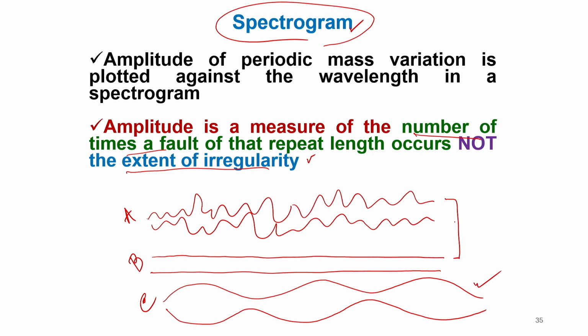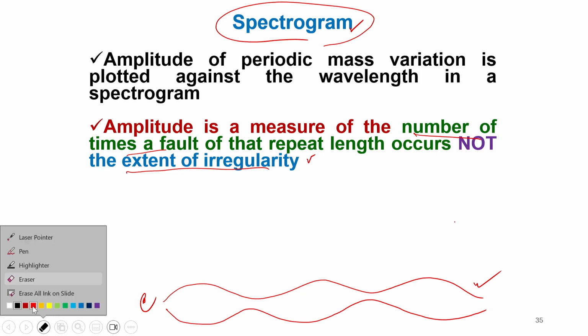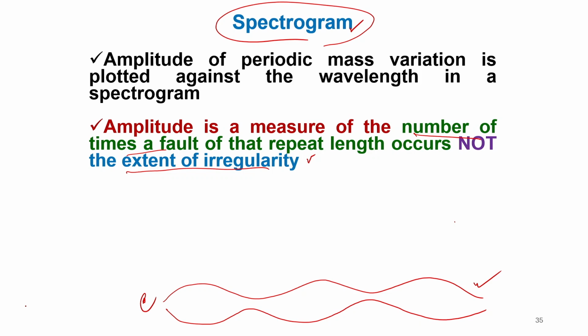The spectrogram of a random variation and the spectrogram of a perfectly even sliver will look almost the same. So, the spectrogram will not be able to identify the difference, but when there is periodic variation, in that case the spectrogram will come into the picture.